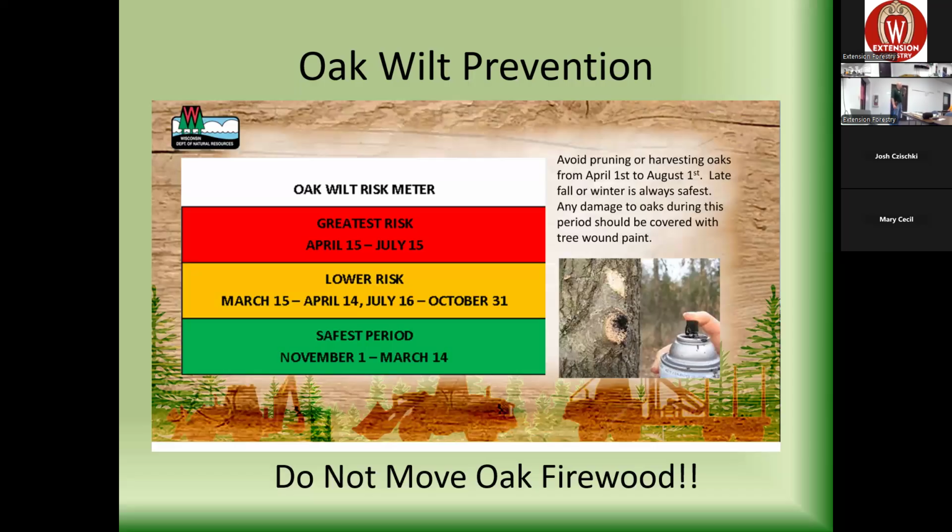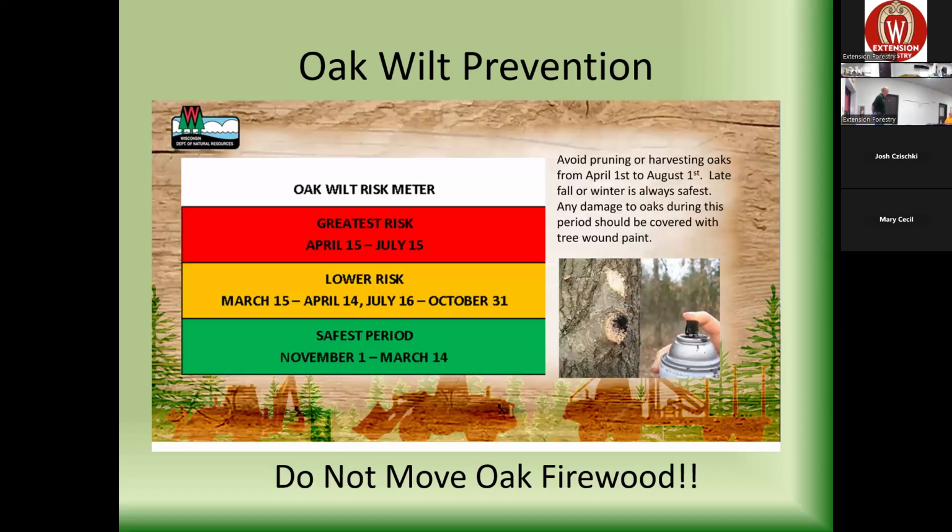But with your forest, as far as harvests go, yeah, stay away from late spring to most of the summer period, because it isn't worth it. And even beyond the pruning and harvesting, if you cut a live oak tree down, that stump will stay living for a period of time where it could still get infected.